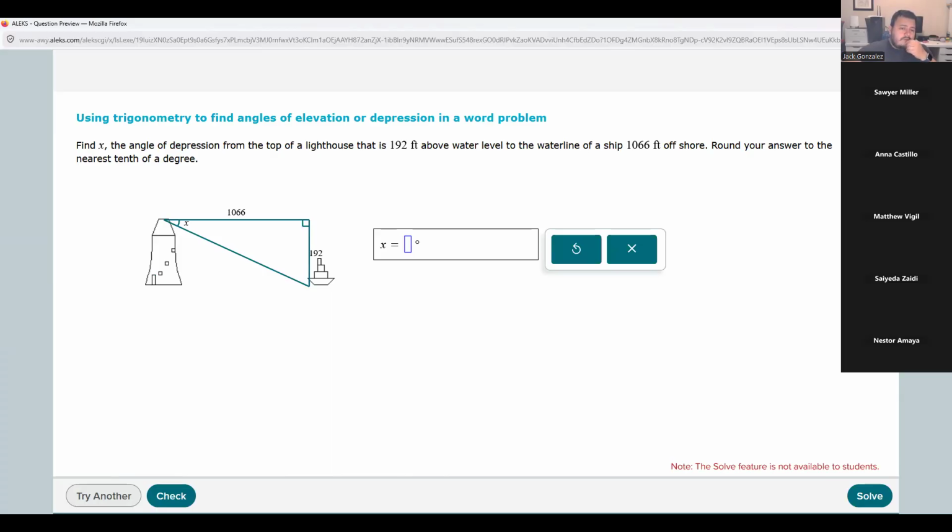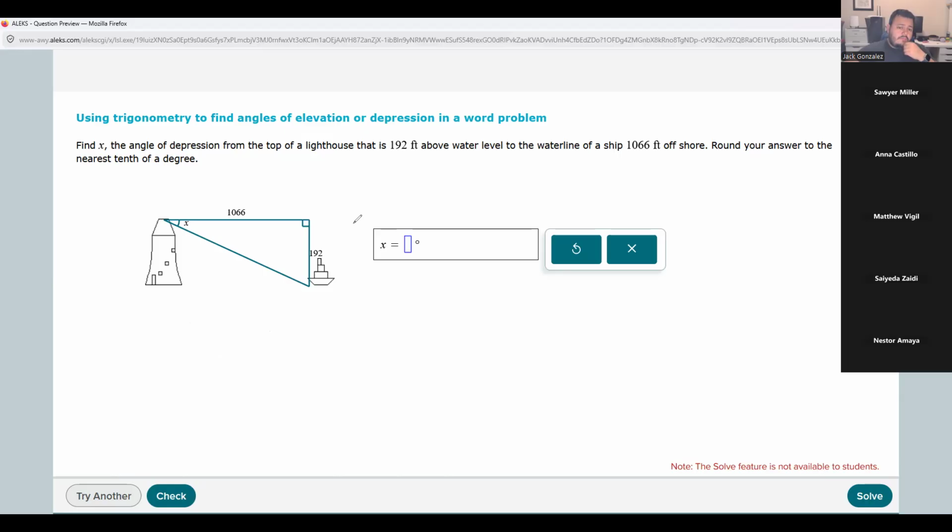So if we want to solve for x here, they want to know what the actual angle is. What sides do we have relative to x? Adjacent and opposite. Yeah, we have opposite and adjacent, and they want the angle.